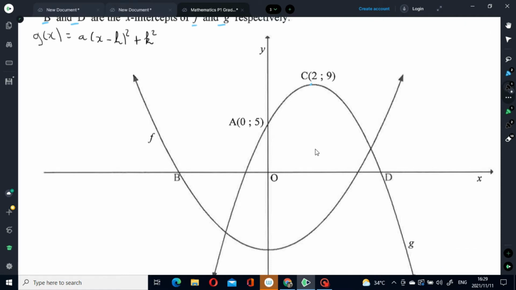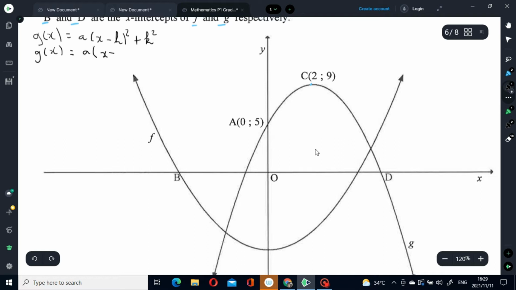Then g of x is equal to a(x minus 2) squared plus 9, where h is the x-coordinate of C. That k isn't supposed to be squared. Let me remove that too. Sorry for that. Right.